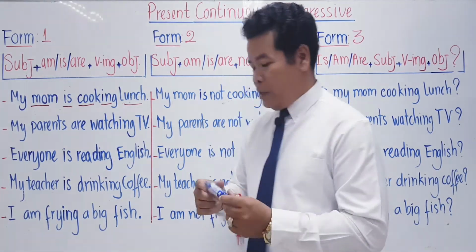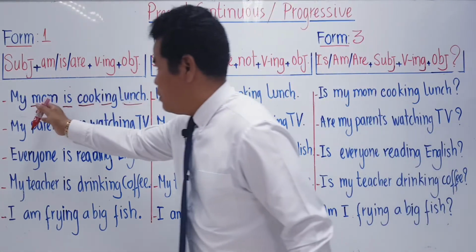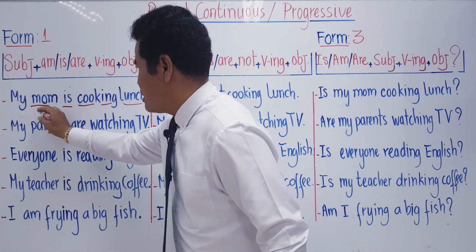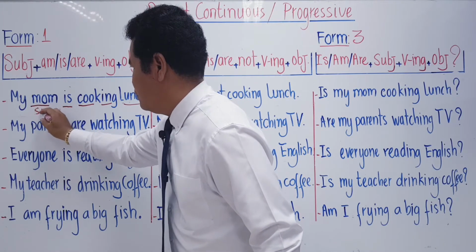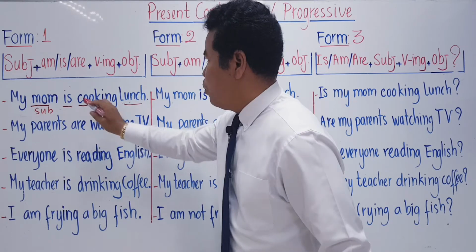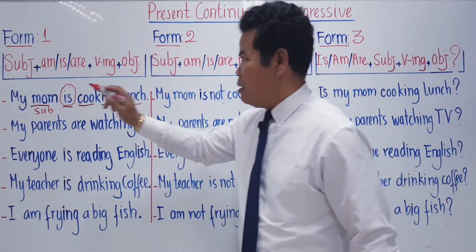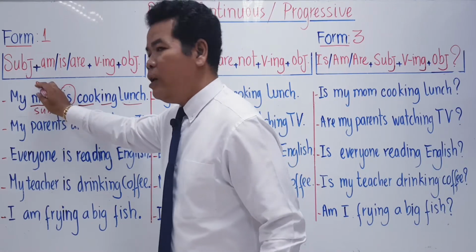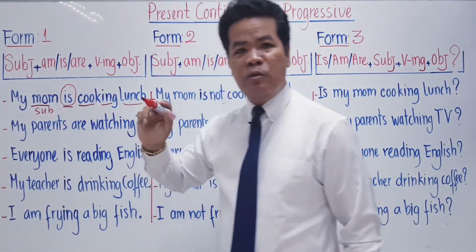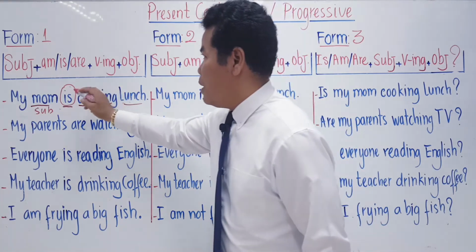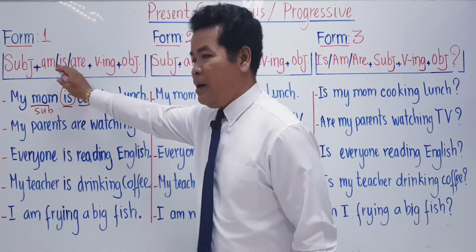Okay? So look at this one. My mom is a subject. Why do we use is? The reason is mom is only one person. It's the third person singular. So you cannot use are, you cannot use am.